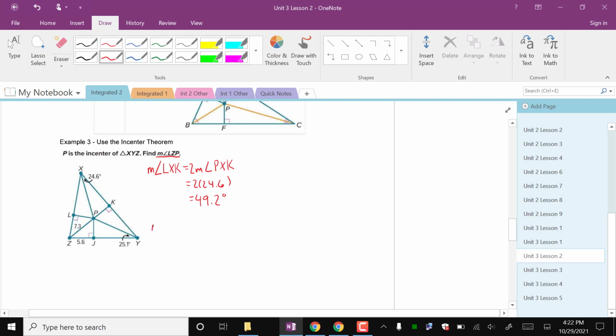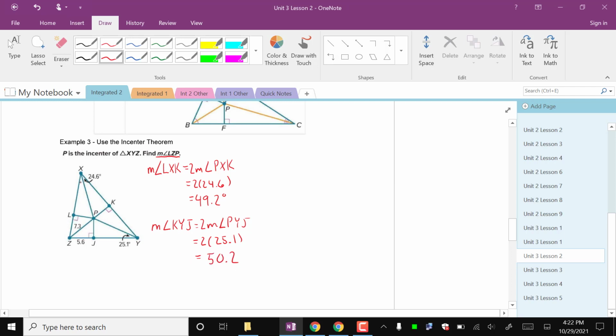So the measure of angle KYJ equals 2 times the measure of angle PYJ. And we know the measure of angle PYJ is 25.1. So this is going to give me 2 times 25.1, which is 50.2.